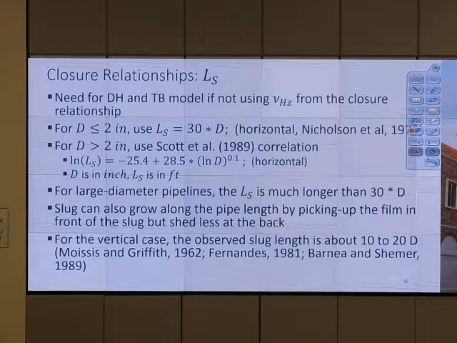Okay. Step 4. VLLS for not horizontal flow, 3.125. 3.125 has to do with HLS, right? Do you know what HLS is? Yes, that comes from a closure relationship, right?